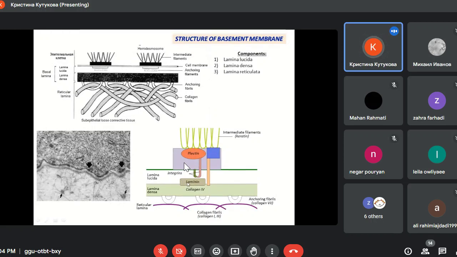It's composed of laminins, which serve to attach the cell, its proteins integrins, which are transmembrane proteins, the free end of which is located just here in lamina lucida, and laminin binds these integrins to the underlying lamina densa. So below it we have lamina densa. It is composed of collagen type 4.